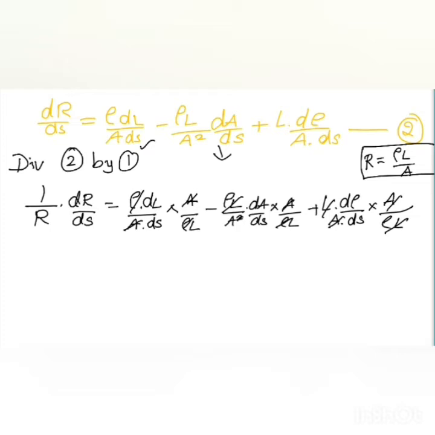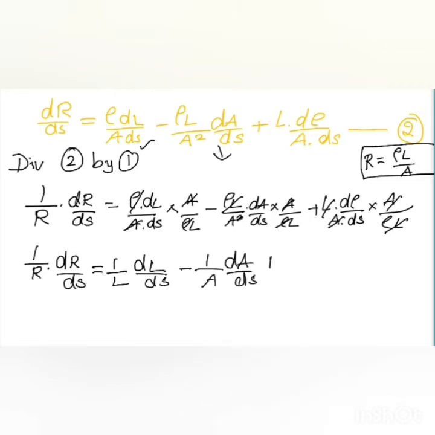So what I can write from this is that 1 by r into dr by ds is equal to 1 by l dl by ds minus 1 by A into dA by ds plus 1 by rho into d rho by ds.